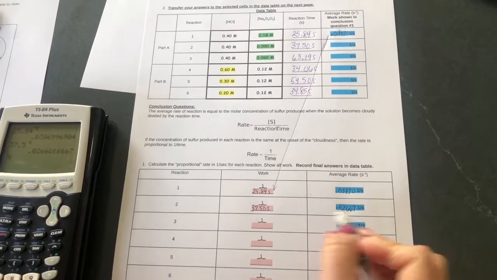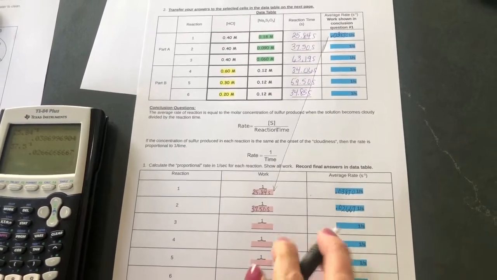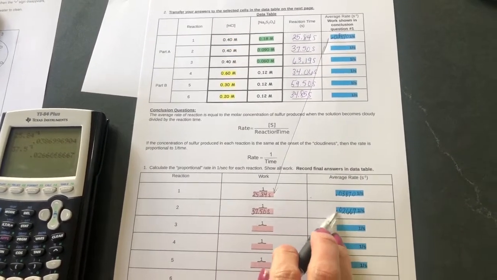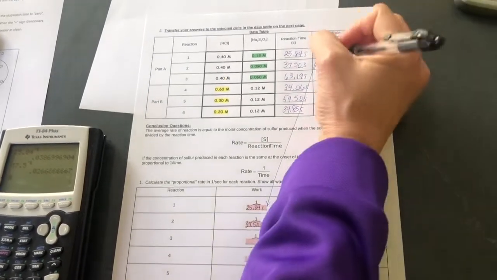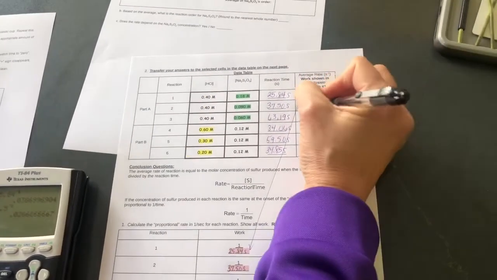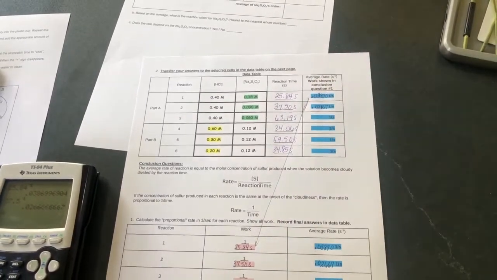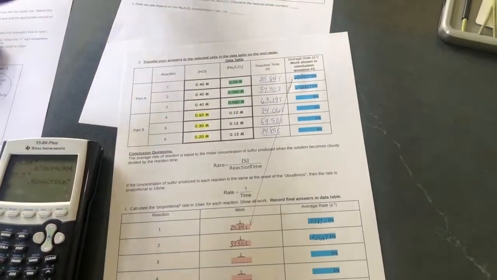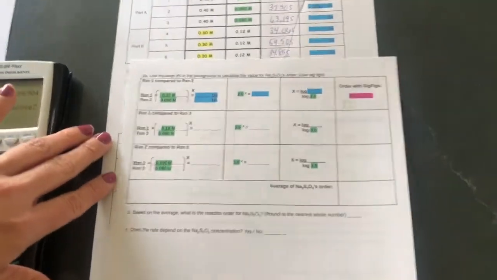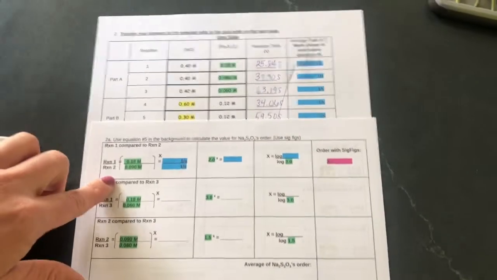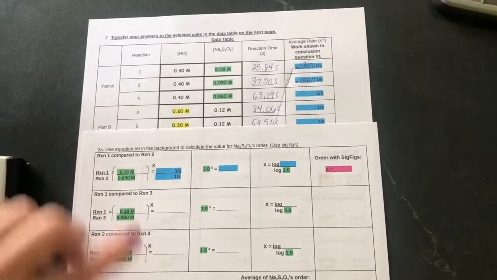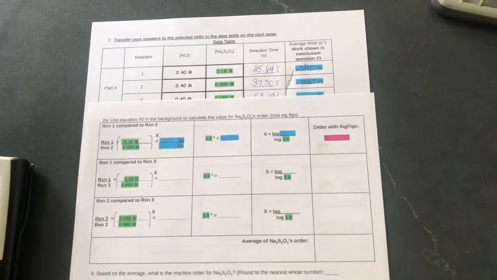Again, 4 sig figs here because my seconds had 4 sig figs. That 0 there, remember, is a placeholder. So that value there comes out to be 0.02667, 1 over seconds. My first 2 reactions are what you're going to be using in 2A, that very first box there. So that's why I went through those.